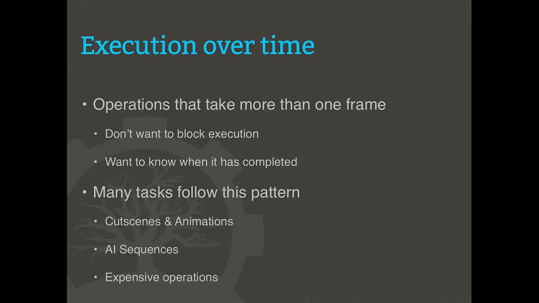There's lots of tasks that follow this pattern. That's cutscenes and animations. For instance, you may want a camera to move and then to start another camera and have that move. You may want to start the dialogue and only display the next piece of dialogue when the first one is clicked through. You can think of AI sequences.